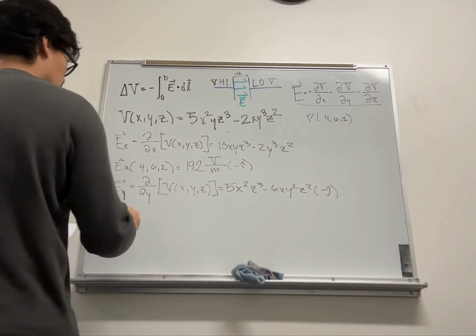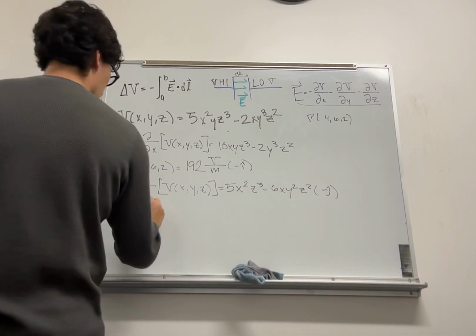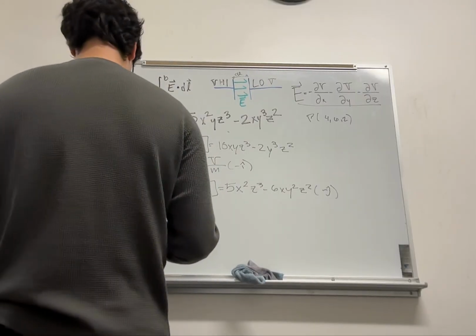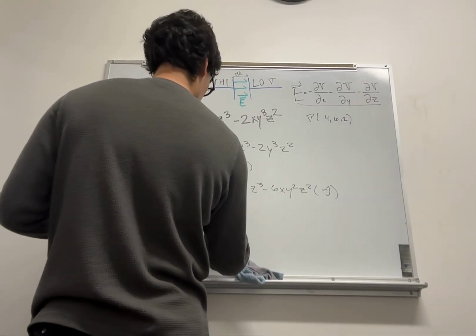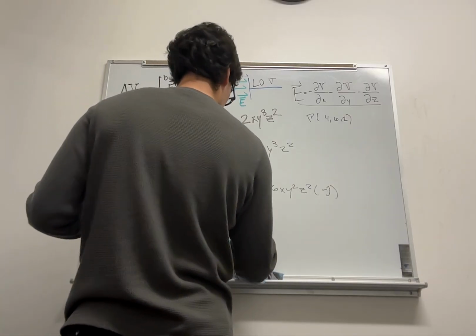So when you get the partial derivative with respect to y and you check for (4, 6, 2), you get 2,816 volts per meter in the positive j hat direction.